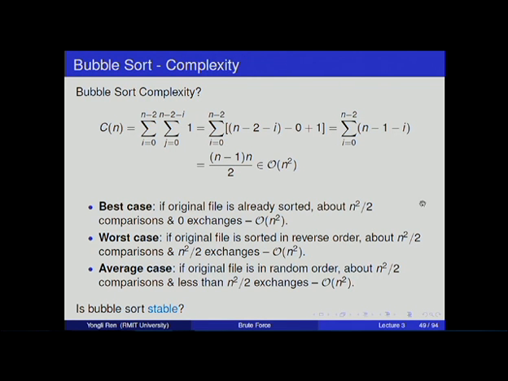Yes, correct. Because when you're sorting using bubble sort, what you do is always swap from the left side to the right side if the left one is bigger, but if they have the same value, you will never touch it. So that's the trick. So it is stable.